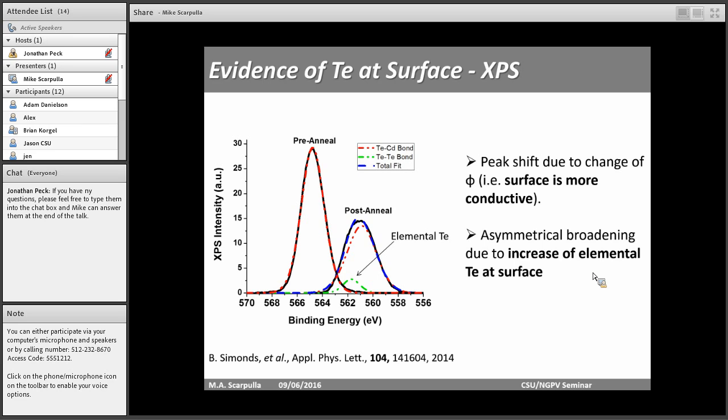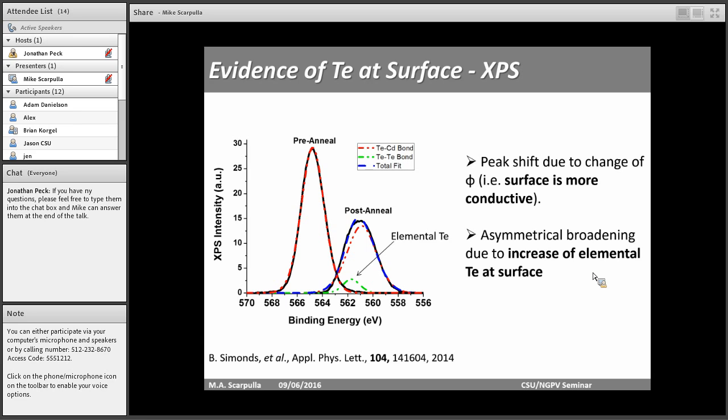And what's being shown here in the red and green are the components. You can actually resolve the spectral components of atoms bonded to different other atoms. So we could tell the difference between tellurium-cadmium bonds and tellurium-tellurium bonds.